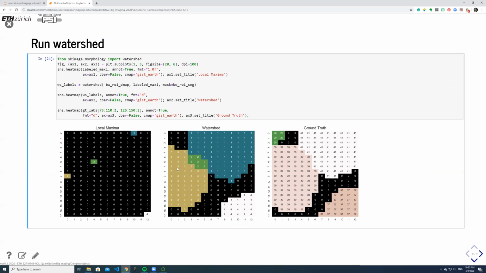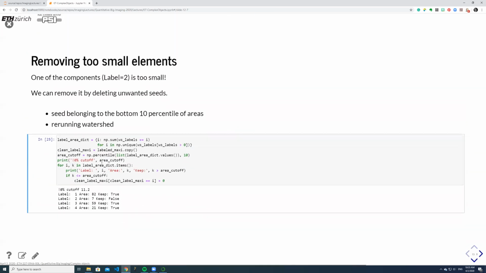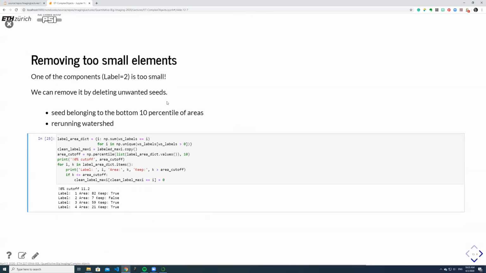But what we now want to do is to get rid of this annoying thing in the middle. And by doing that, we start removing small elements. So we start measuring the area of the labeled elements and see that we have 3 which are pretty big and 1 is definitely very small.